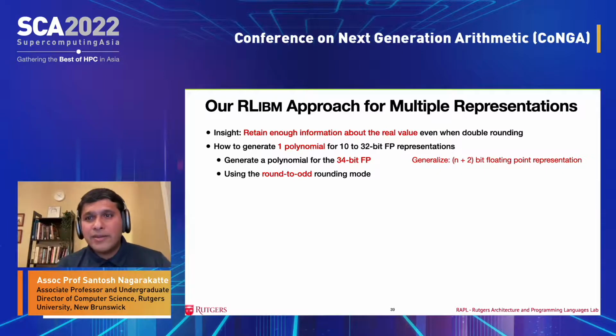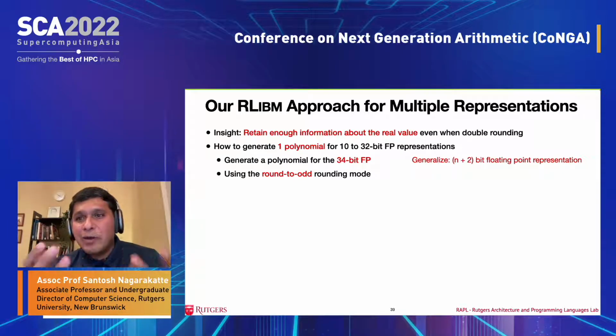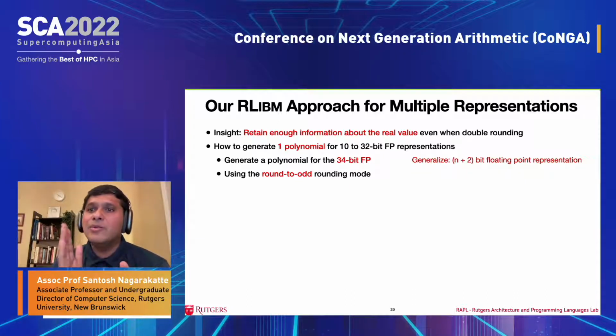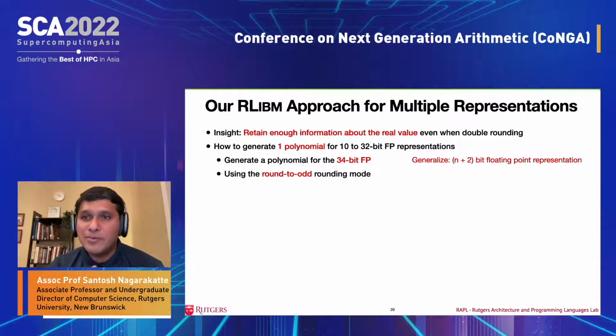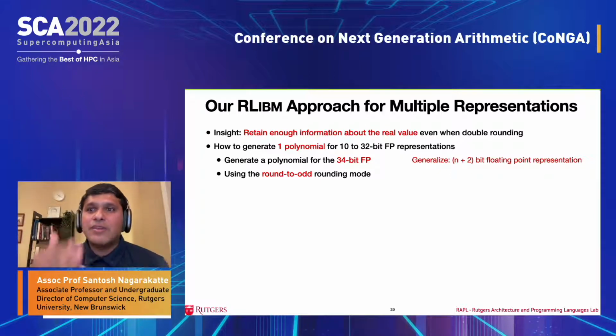So what is required for rounding? Typically, if you're rounding with respect to two adjacent floating point values, you need three pieces of information. Is the real value less than the midpoint of two adjacent values? Is it exactly equal to the midpoint? Or is it more than the midpoint?